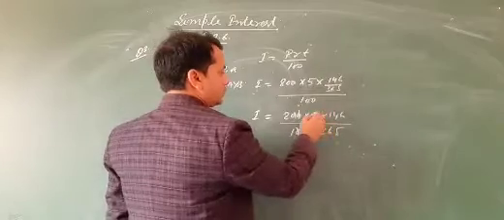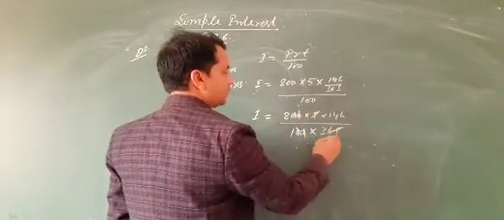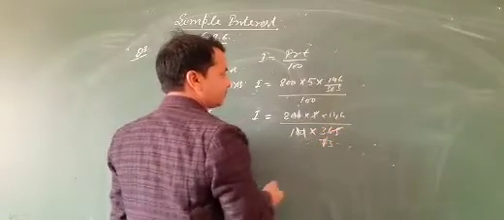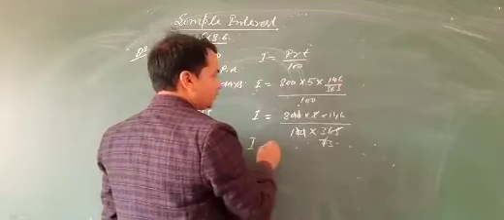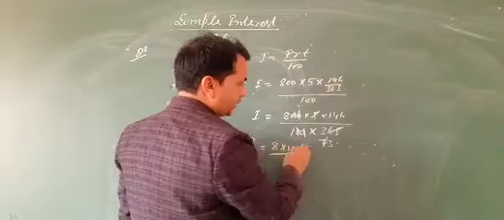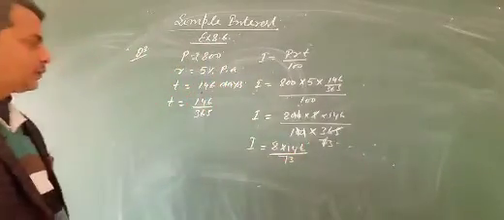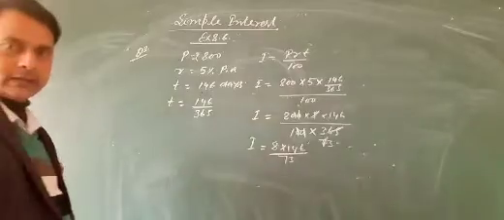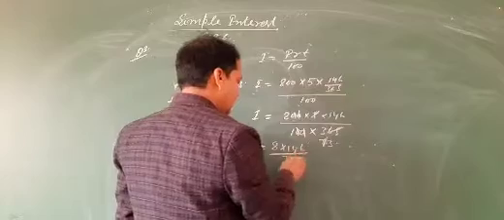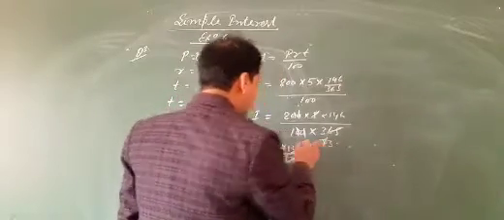So 5, 6, 7 and 3. Then I equal to 8 into 146 by 73. Then 146 divided by 73, right here 73 twos are 146.